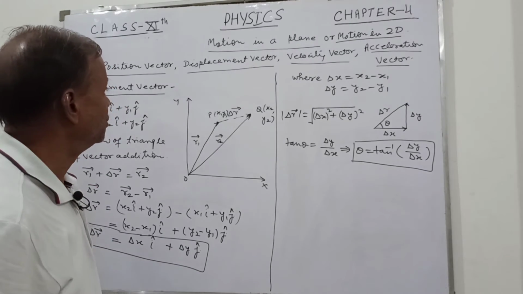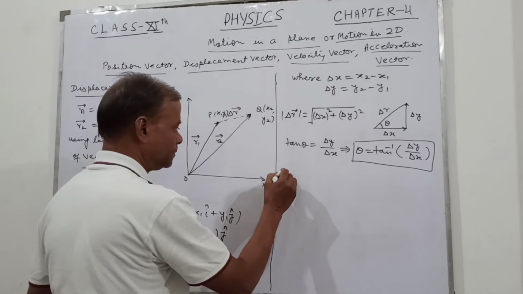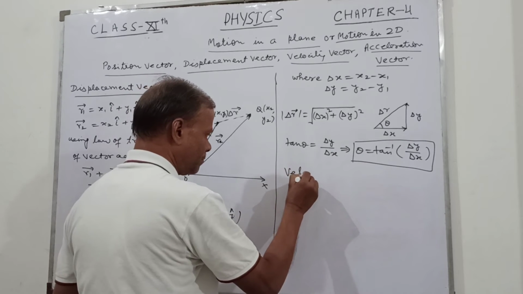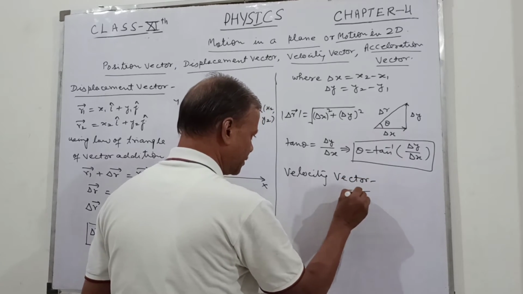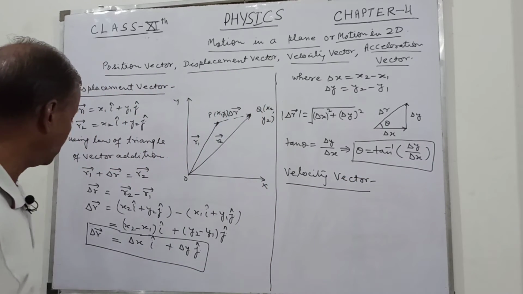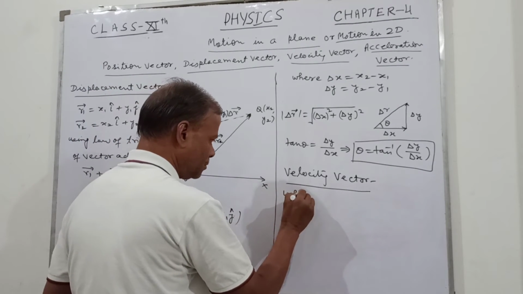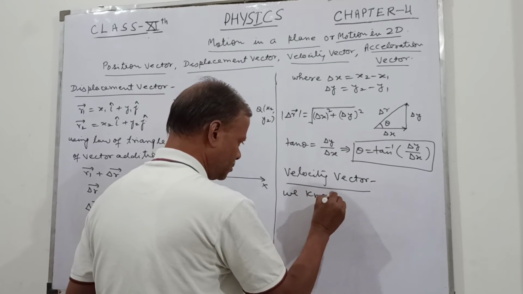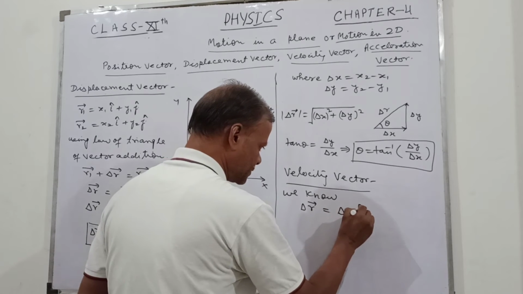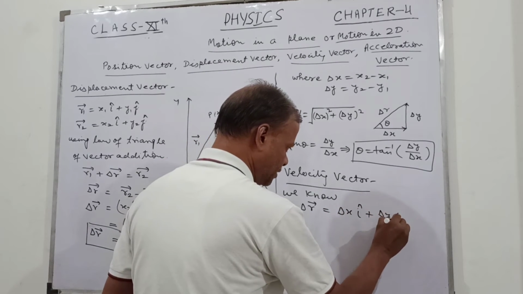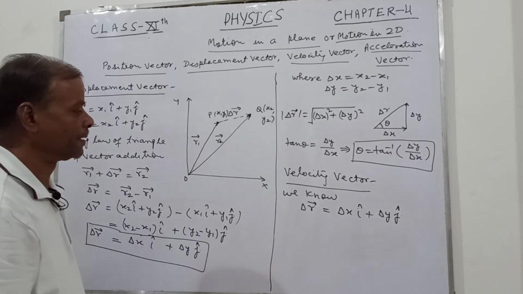Now we take the velocity vector. We know delta R is equal to delta x i plus delta y j.